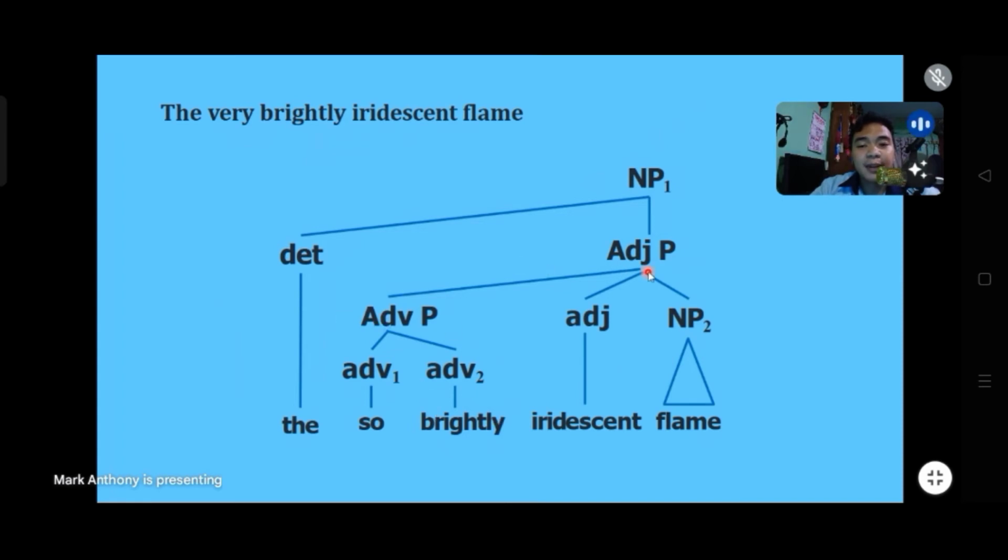And going back, we have the main adjective, iridescent, and the second noun phrase, which refers to the word flame.